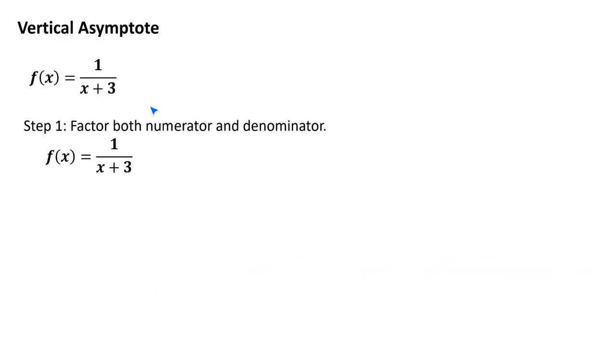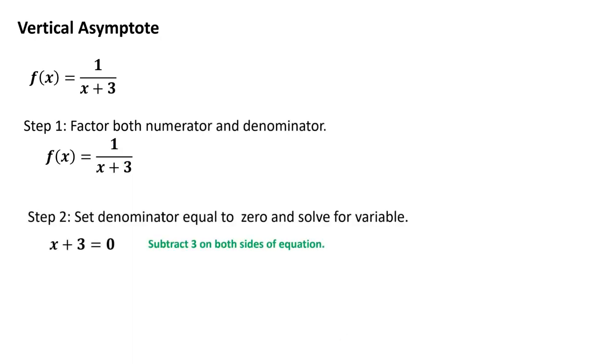Okay, these are already factored. So if we set the denominator equal to 0, we end up with x plus 3 equal to 0. Subtract, so we end up with x equals negative 3. It's going to be our vertical asymptote.